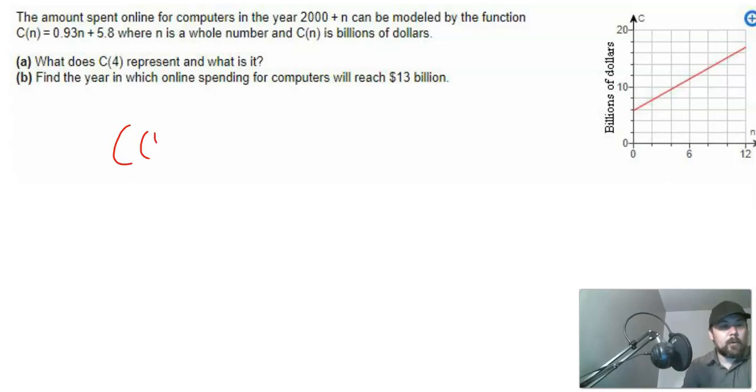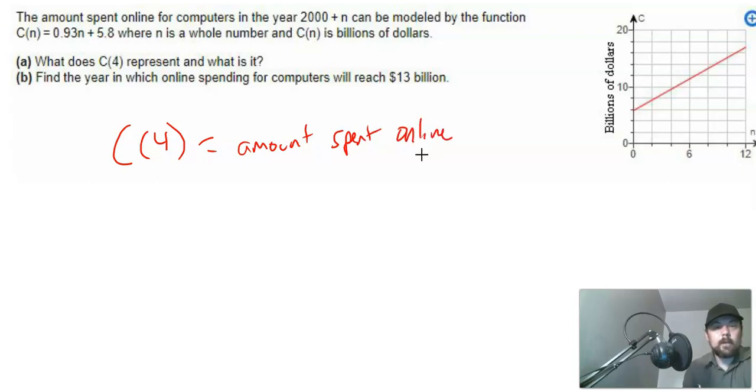So c of 4 is going to equal, let's see, the amount spent online for computers in the year 2004, right?